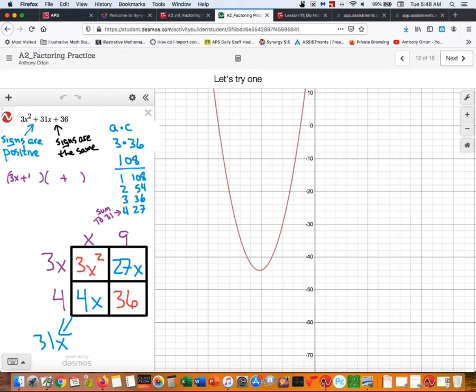And 9 times 3 is 27. And wow, that works out real well. So that means it's 3x plus 4 and x plus 9. You do the check. And there you are. Okay.